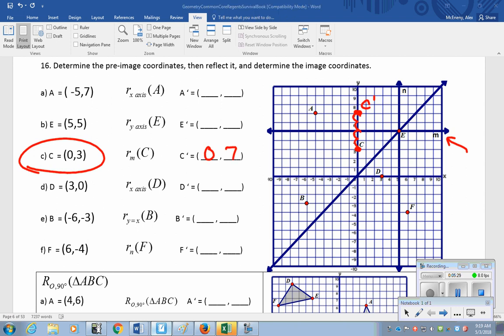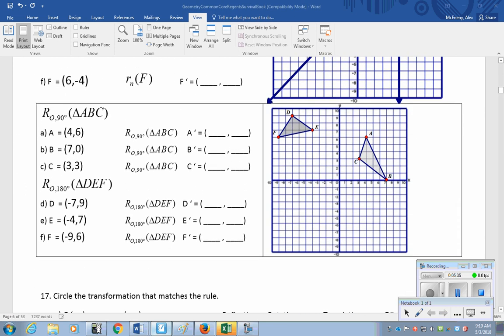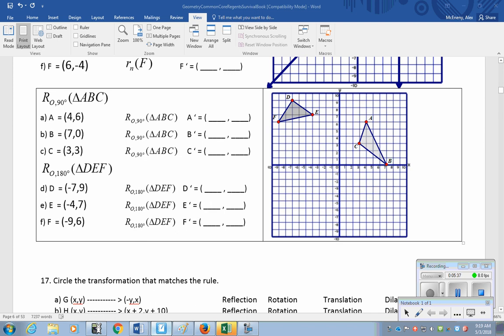Now, like we talked about before with rotations, if you look at the questions below it, same idea here. If you take a point like 4, 6, which is this point right here, and it says we're doing a rotation, the rule is a rotation of 90 degrees for points A, B, and C. Well, that means that we're going to use the rule from the page before, which is -y, x.